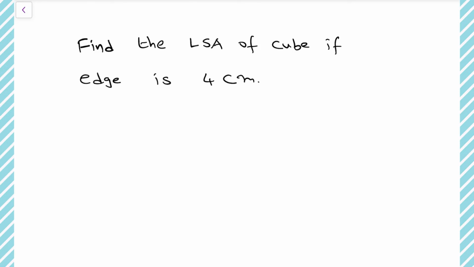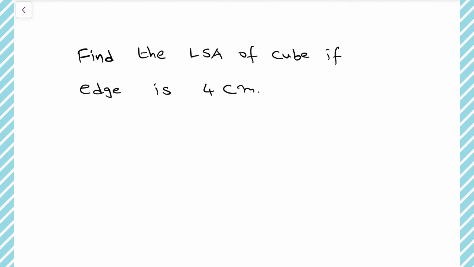Next, find the lateral surface area or LSA of a cube if the edge is 4 centimeters. So what is the formula for LSA of a cube? That is 4a square, which equals 4 into a square.